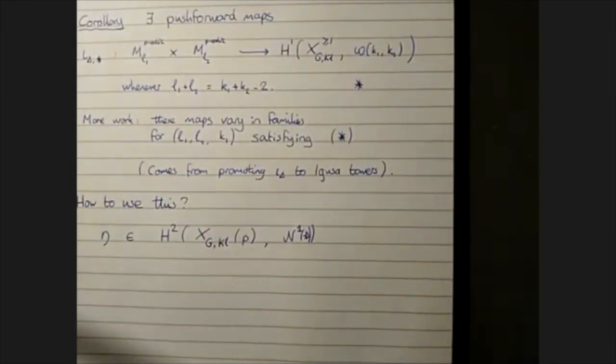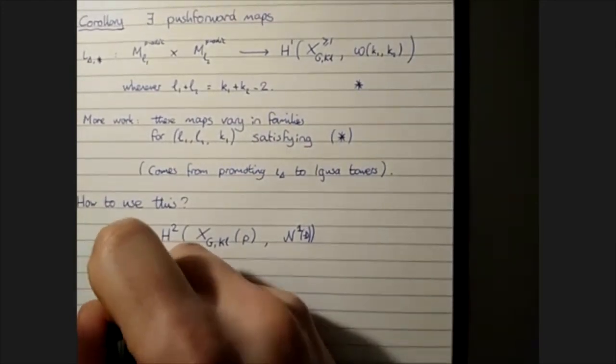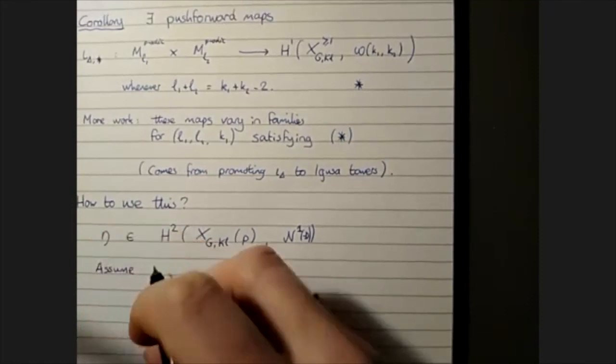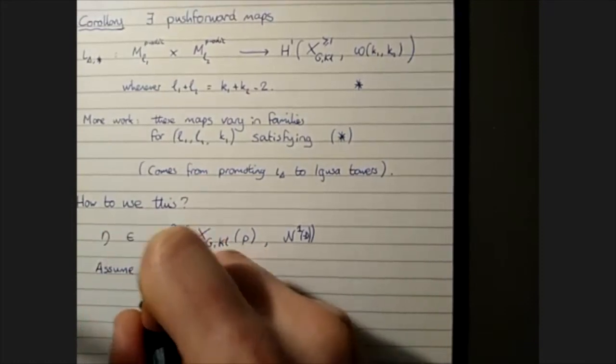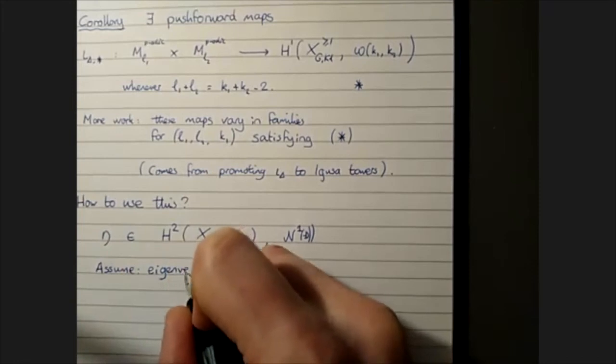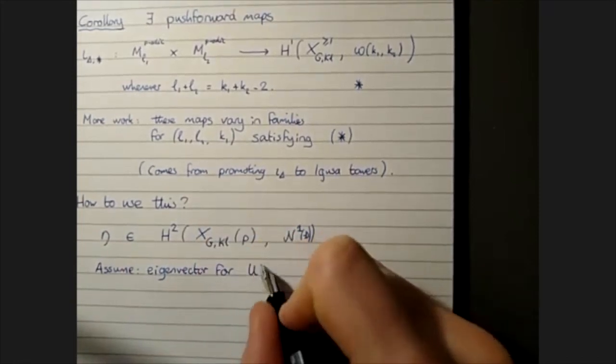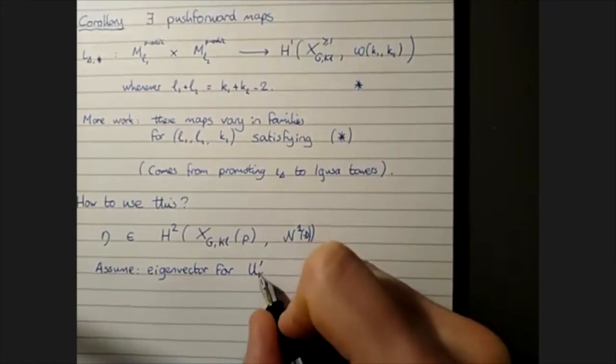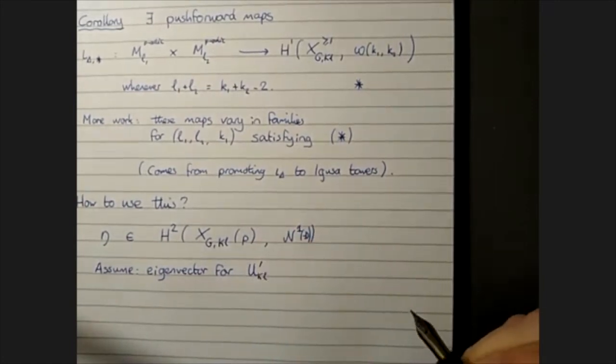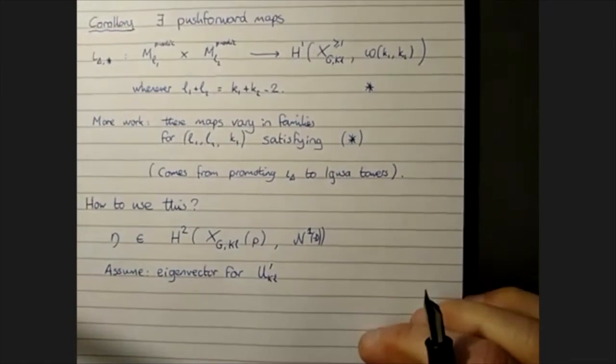Thank you. So we had this eta, which initially was fairly arbitrary, but I'm now going to assume that it's an eigenvector for the transpose Klingen operator.